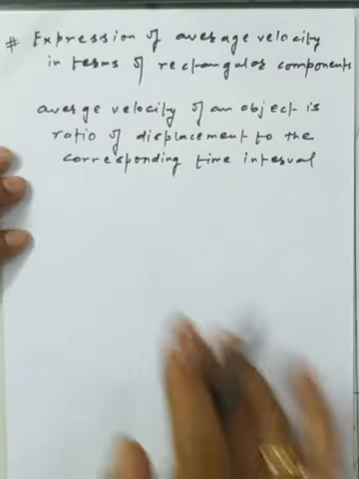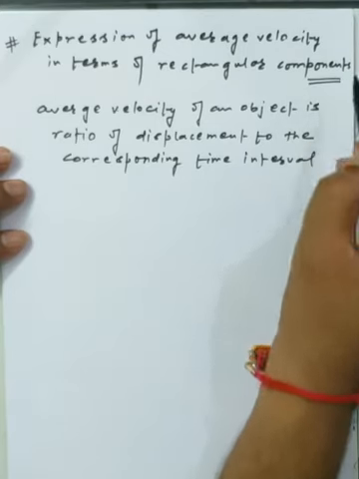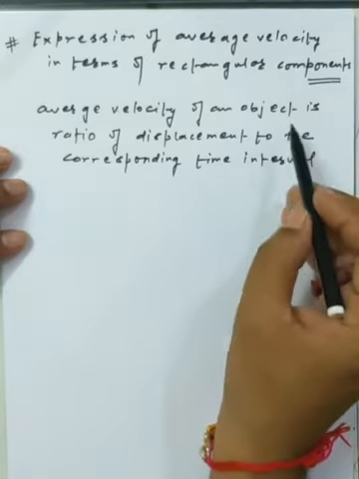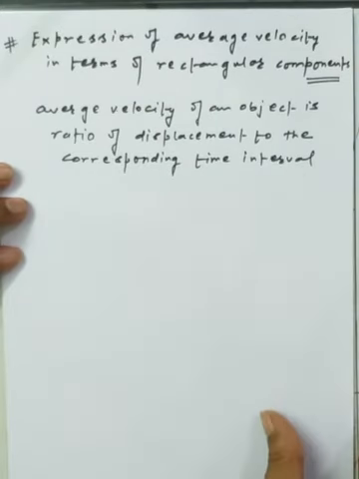Now, the same topic attached to this graphical portion of rectangular components: the expression of the average velocity in terms of the rectangular components. We will take the help of the rectangular components from the graph. The average velocity of an object is the ratio of the displacement to the corresponding time interval.